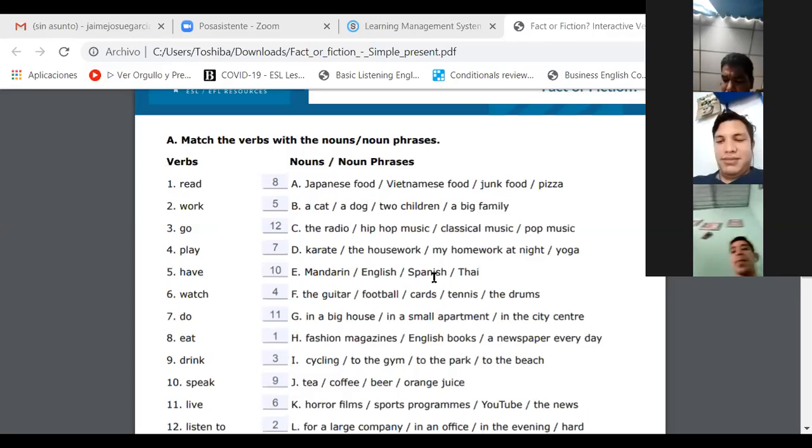Write in notebook or in chat. No, in your notebook.